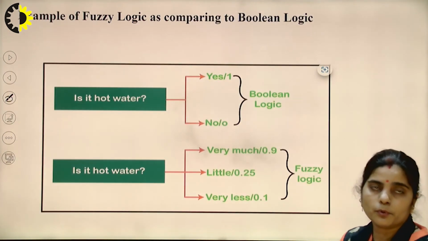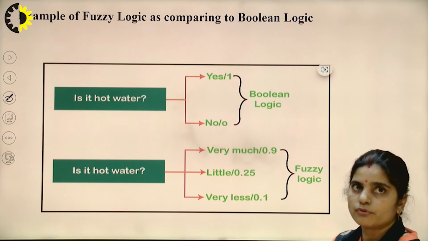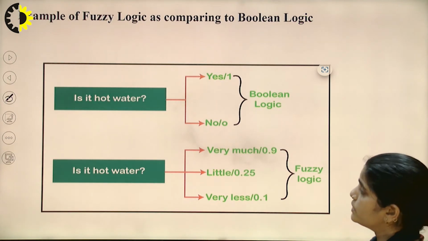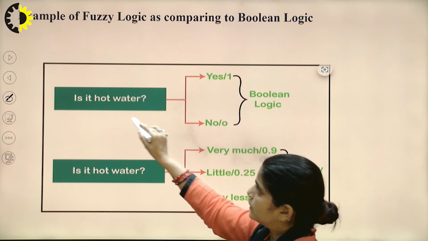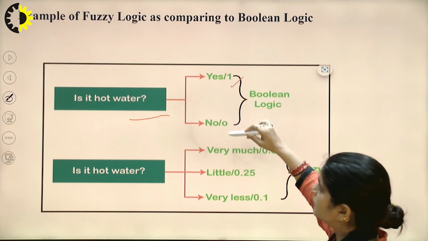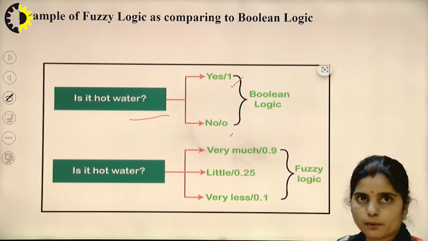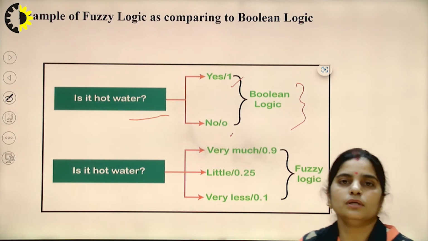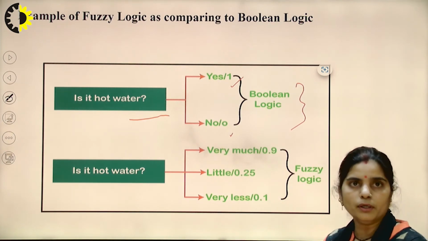Now here I am going to discuss one example of fuzzy logic whenever we are comparing it to Boolean logic. So here, is it hot water? The two options are yes or no. Okay. So using Boolean logic, you can provide only two solutions, yes or no, meaning 0 or 1, true or false.